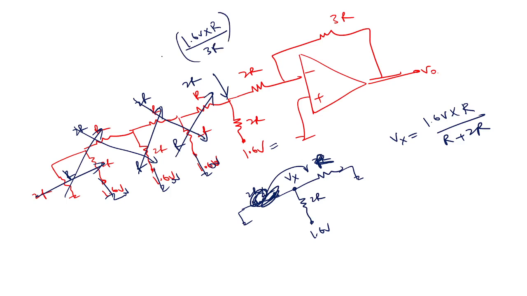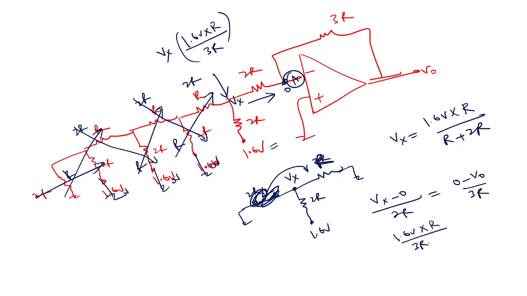This is your Vx. Simple. The input current at this node A is Vx minus 0 by 2R, equal to 0 minus V naught by 3R. So what is Vx? 1.6 volt into R divided by 3R by 2R, equal to minus V naught by 3R. You see this? What you got? V naught is minus 0.8.